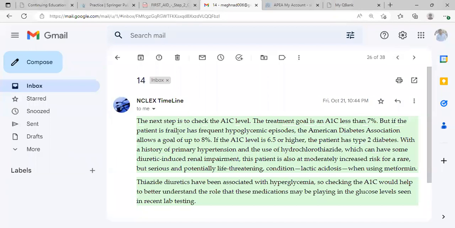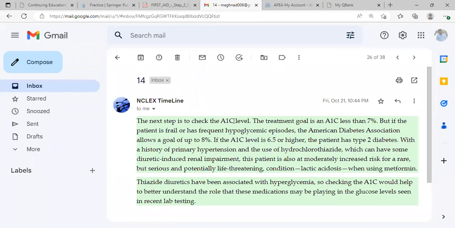Next here, if a patient has signs and symptoms of diabetes, we go for a test for confirmation. It is called hemoglobin A1C.